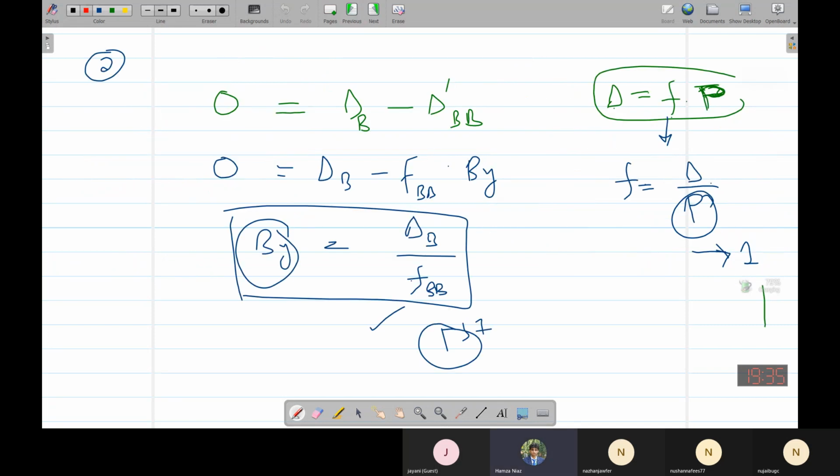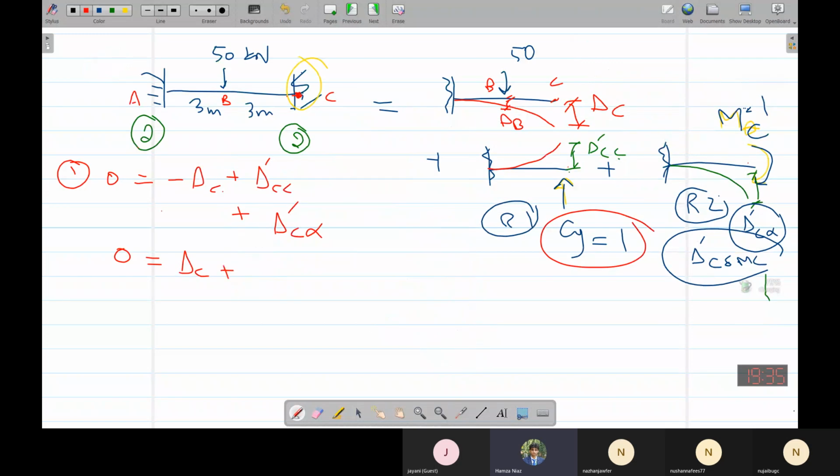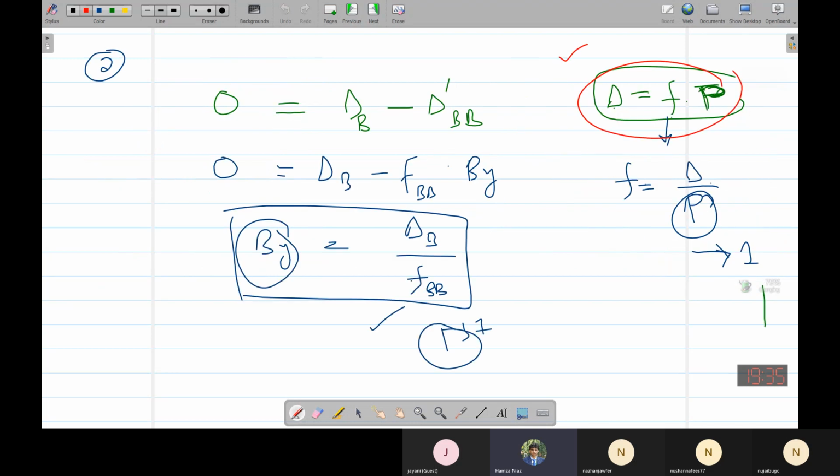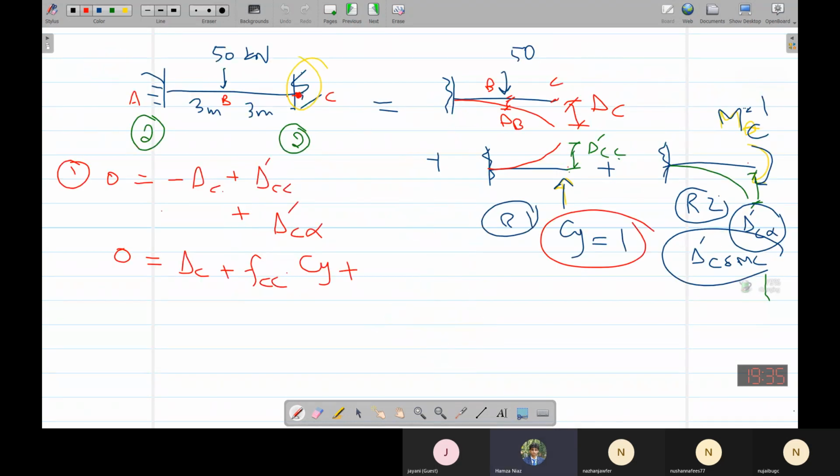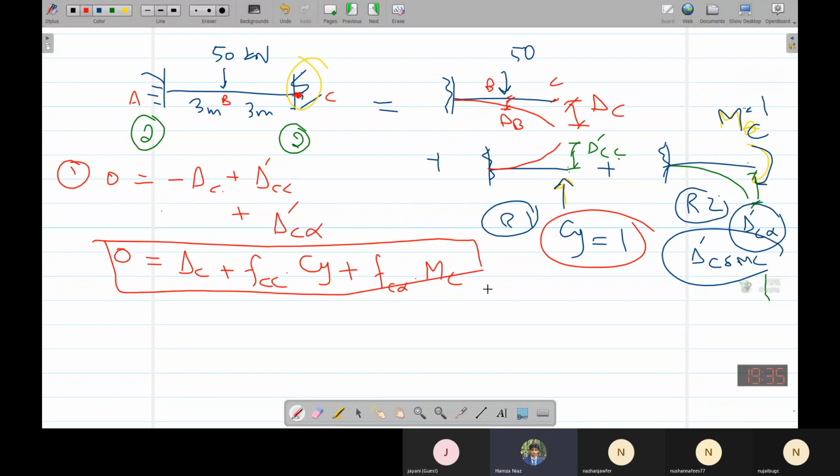If we use this formula, then we get plus FCC into CY plus this flexibility, which we can write as flexibility alpha into MC. This would be our equation 1.